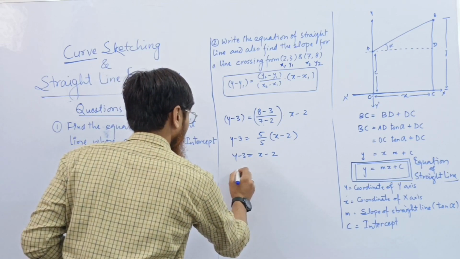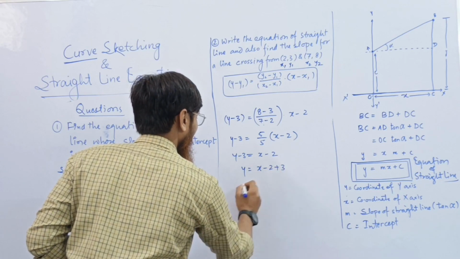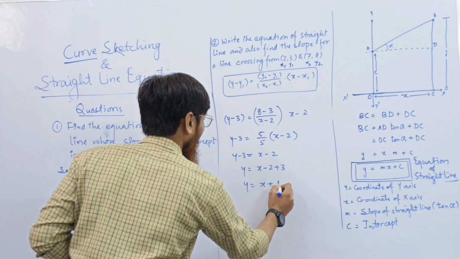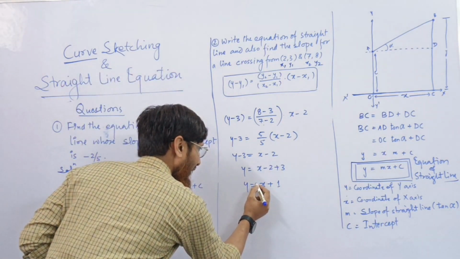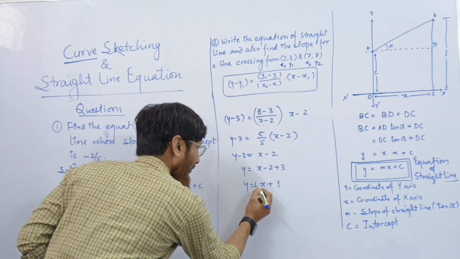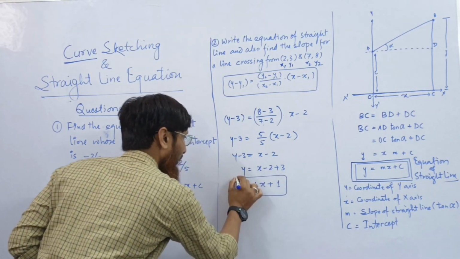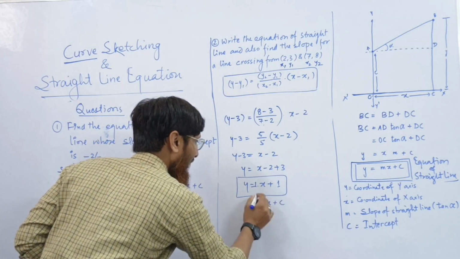So we can also write it as y equals to x minus 2 plus 3, or y equals to x plus 1. So we can see here nothing is there before x, so 1 would be there. 1 dot x plus 1. This would be the equation of straight line y equals to mx plus c.